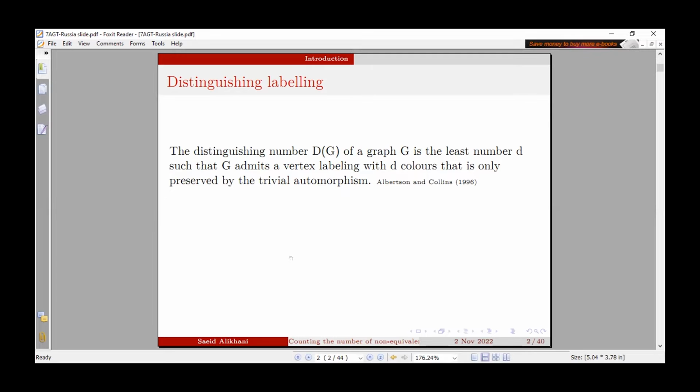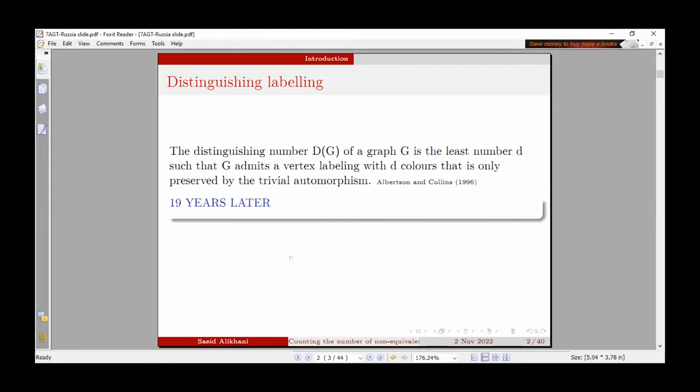Sorry for this. Okay, the distinguishing number denoted by capital D of G is the least number D such that G admits a vertex coloring with D colors that is only preserved by the trivial automorphism. This index was introduced by Albertson and Collins in 1986. And actually, the version with two colors was studied by Babai, who is in the US, in 1974, I think.